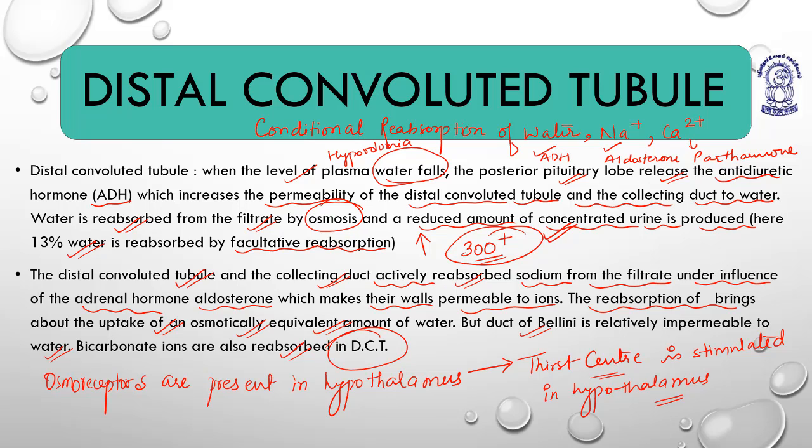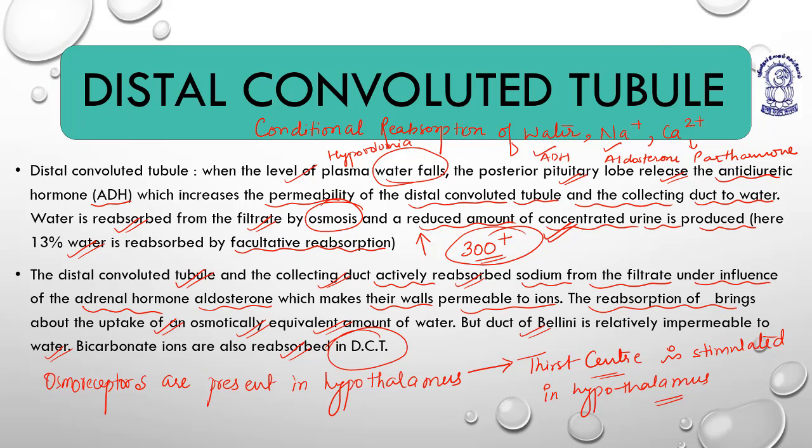So ADH makes DCT and the collecting duct permeable to water, which leads to the formation of concentrated urine. If osmolarity becomes less than 300, then further ADH secretion is stopped. The ADH secretion triggers when the osmolarity is more than 300. So this is the function of ADH on DCT and collecting duct.